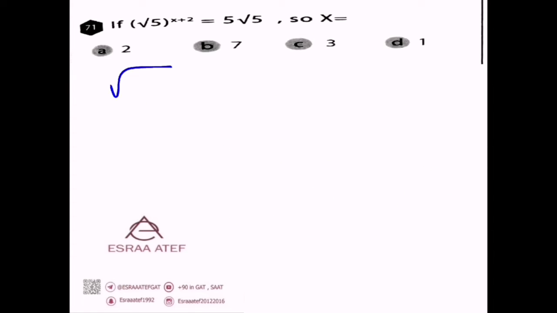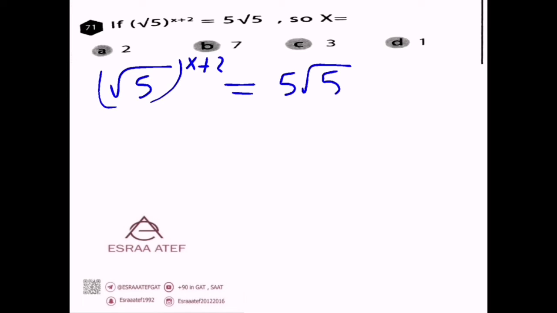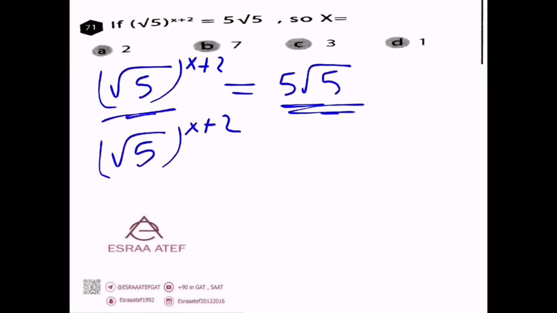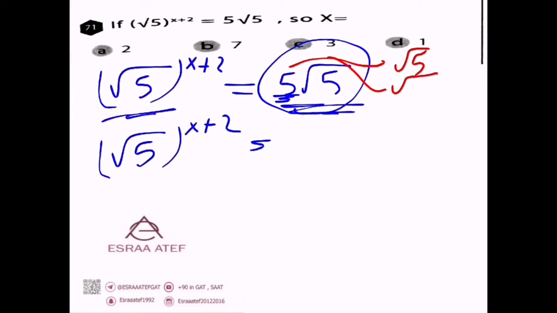Here we have square root of 5 to the power of x plus 2 equals 5 square root of 5. How can we solve it? We should make this part like this part in the number, so it will be the same, because it's simplified. Here we can convert it to be all square root of 5. How can we do it? 5 means square root of 5 times square root of 5.